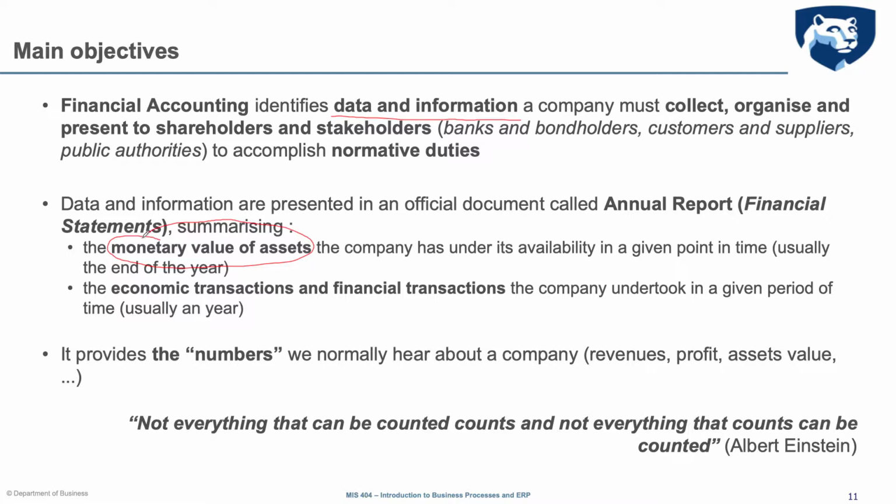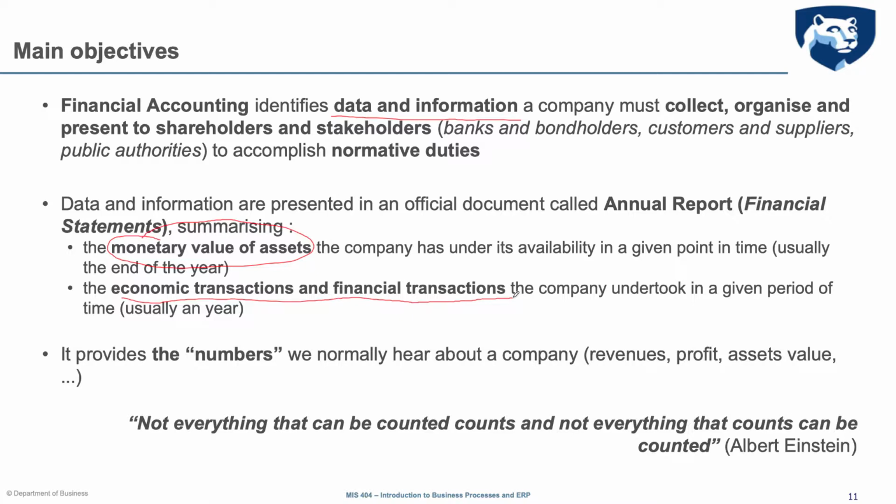How much is the monetary value of the assets that the company owns, and every economic and financial transaction that the company has been subjected to in a specific period of time. So the objective of financial accounting is to collect and present data about the monetary value of assets owned by a company and the economic and financial transactions that have been referred to a company in a specific period of time, usually a year.